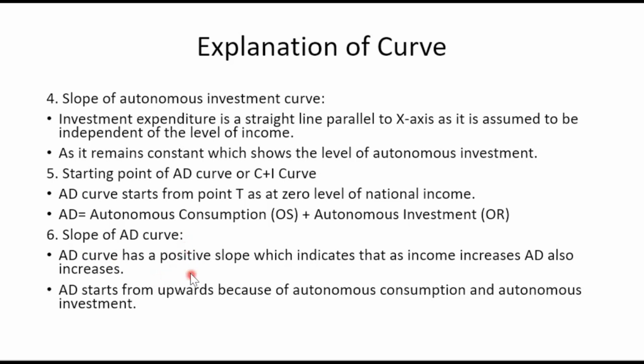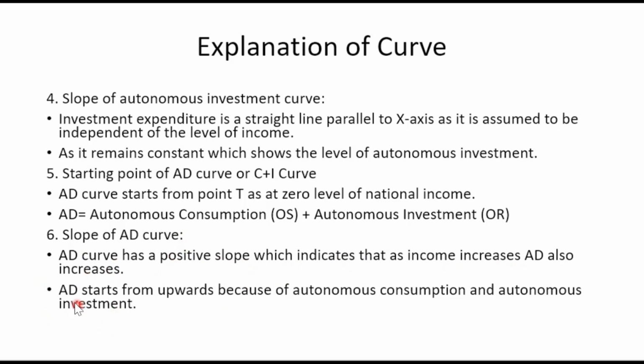It is positive. It moves upwards. Why? Because it gives a positive relationship with income. It means when income increases, AD also increases. AD starts from above because of the sum of autonomous consumption and autonomous investment, which we have already seen in the graph and discussed.